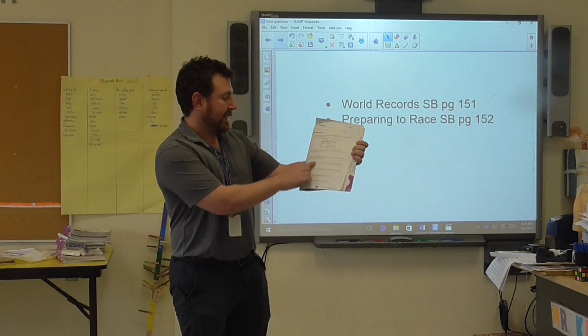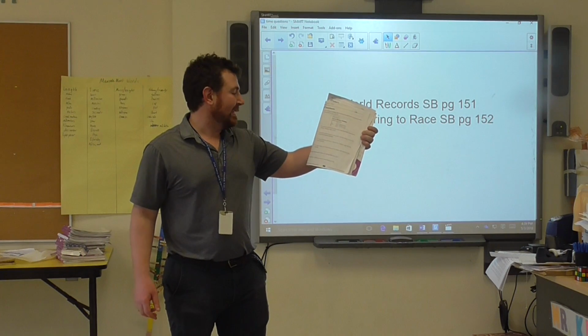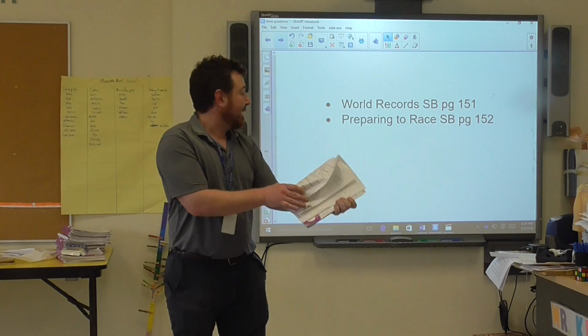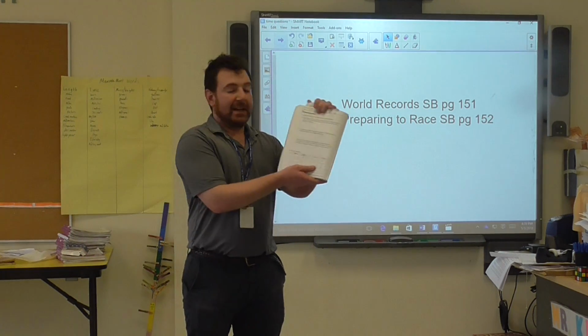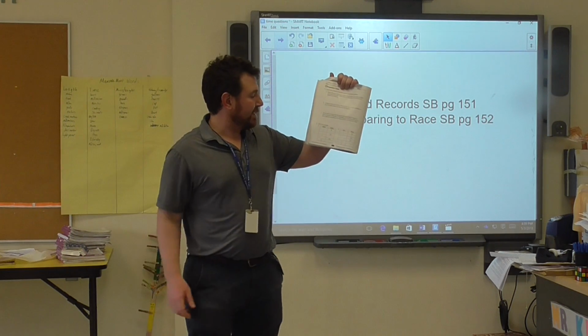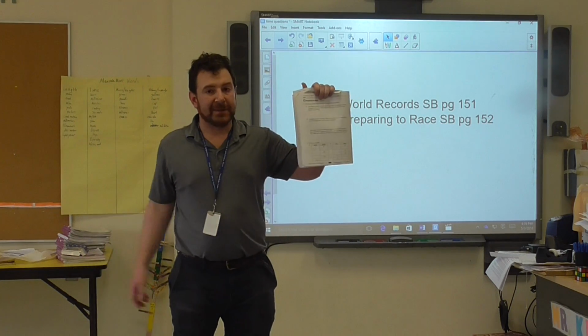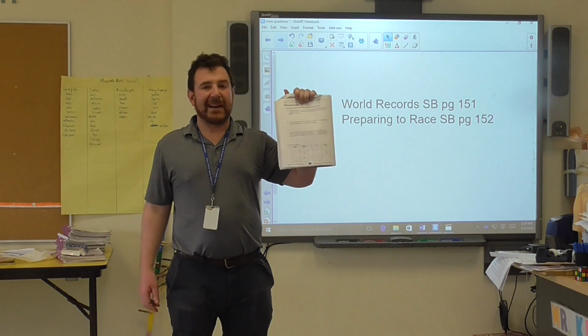Distance race challenge. There's some on this page, some converting the minutes, some telling you when you start and when you end. And then that's world records, and then preparing to race. The next page, couple of your ratio tables on the bottom, and a couple of word problems with different times, ending, starting, some numbers around the races.